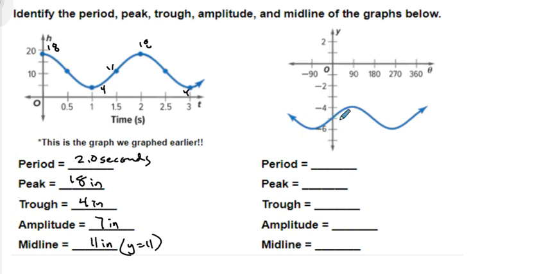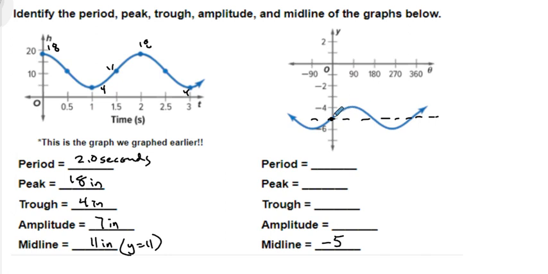On this problem here, it looks like this thing goes from -6 to -4. This is about halfway, so I'm thinking this is probably going to be our midline right here. So our midline is at -5.